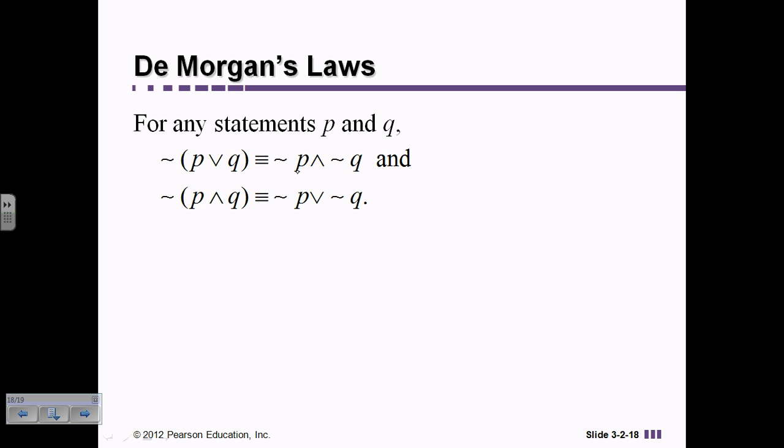It distributed to the P, it distributed to the Q, but it also negated the disjunction symbol and caused it to be a conjunction symbol. The second example, it negated the P and the Q, just like we see down here, but it also negated the conjunction symbol and made it into a disjunction symbol. So that's what De Morgan's law is saying to us.